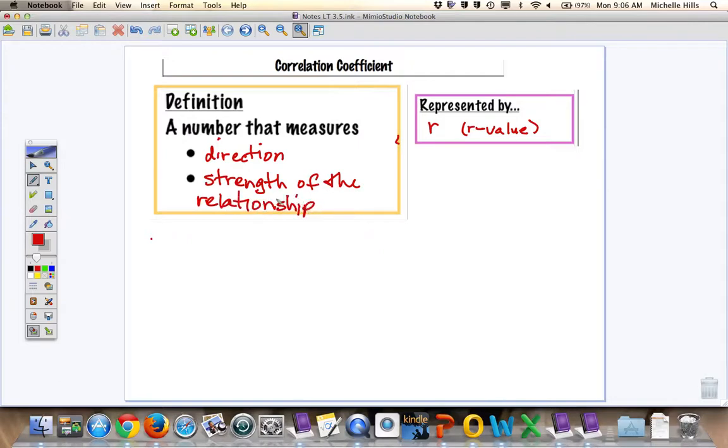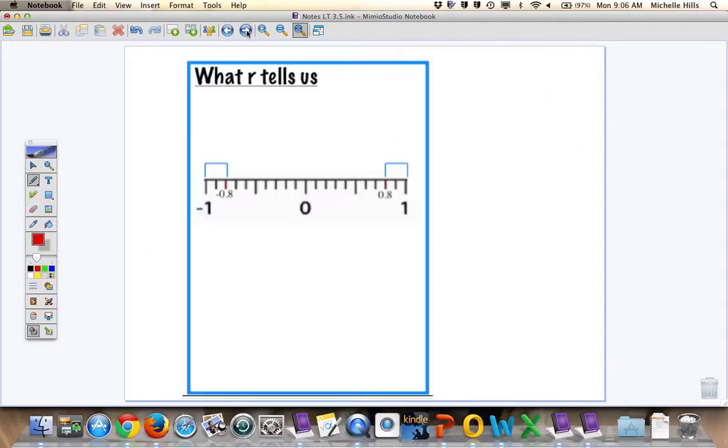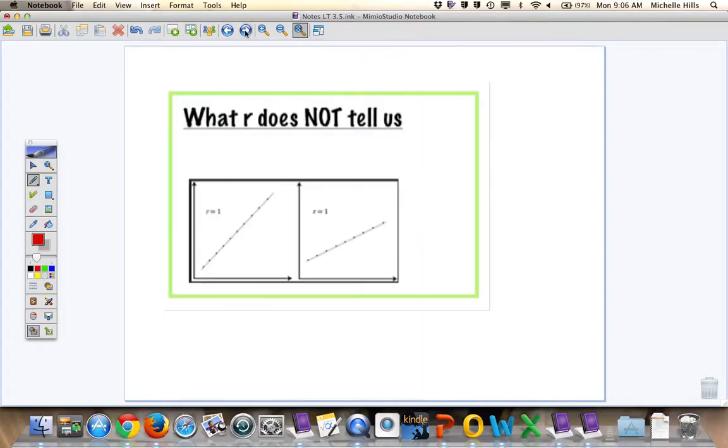Remember, we had that perfect positive and perfect negative correlation. They were both perfectly linear, just one had a positive slope and one had a negative slope. We're going to skip this. I want you to turn your paper over, and we're going to come back to it in just a minute, so don't turn your paper over yet. What the correlation coefficient does not tell us, what R does not tell us, is the value of the slope.